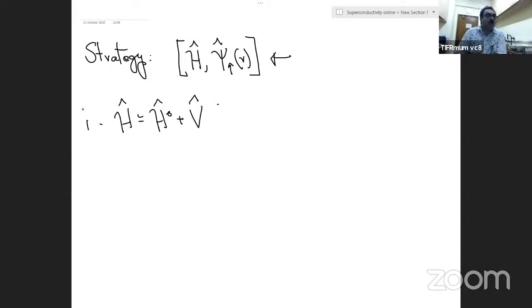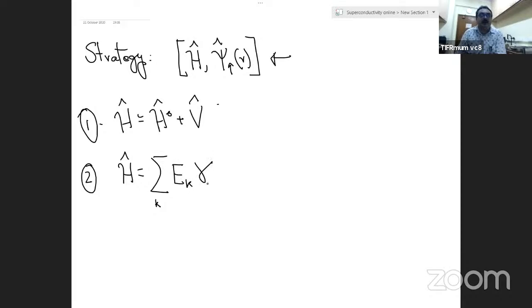This will be the first way to calculate this commutator, and the second way is to use what we know as the mean field Hamiltonian, which is sum of Ek gamma k sigma dagger gamma k sigma.